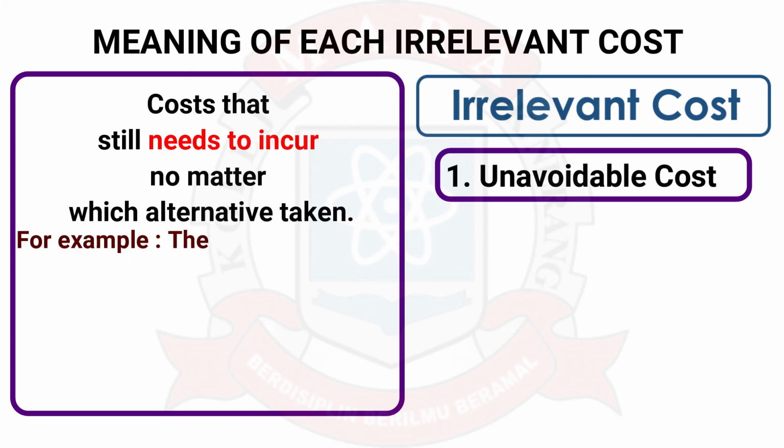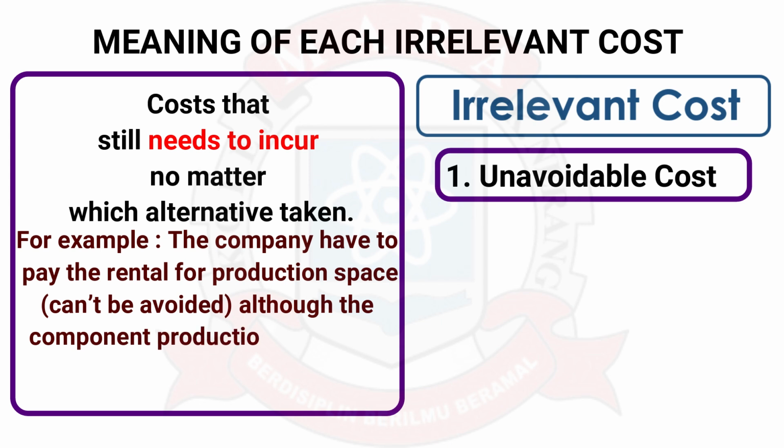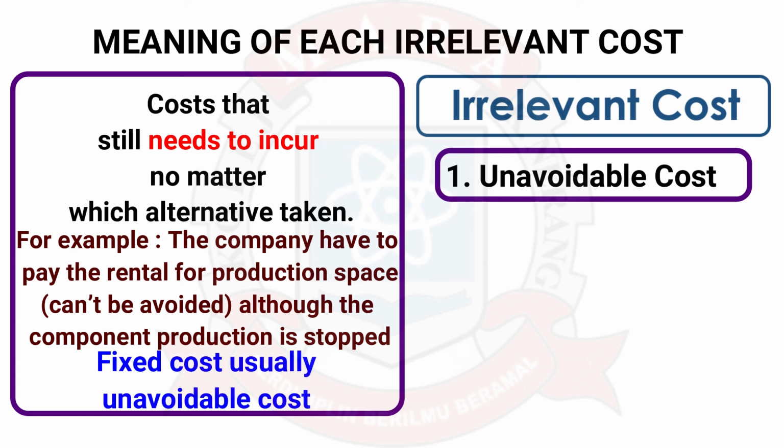For example, the company has to pay the rental for production space, which cannot be avoided, although the component production is stopped. Fixed costs are usually unavoidable costs.